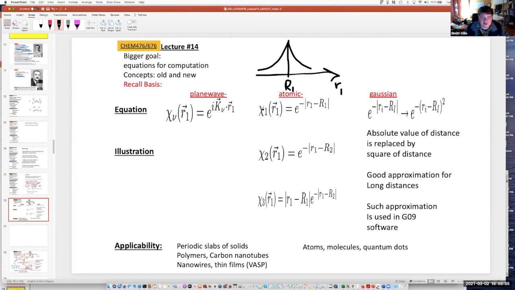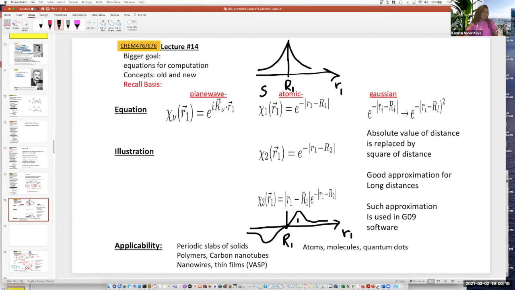If it is a p orbital, then it is 0 near the atom, and then it decreases as we go away, and it changes sign, plus and minus.